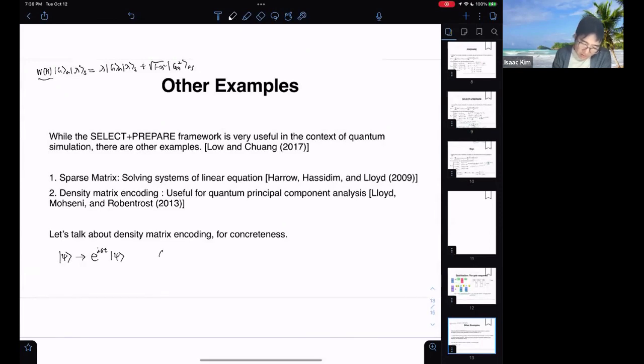And this density matrix sigma can be anything as long as it is easy to prepare its purification.